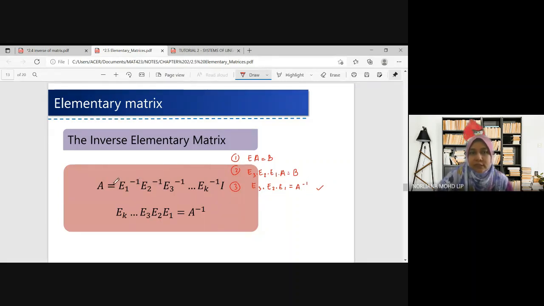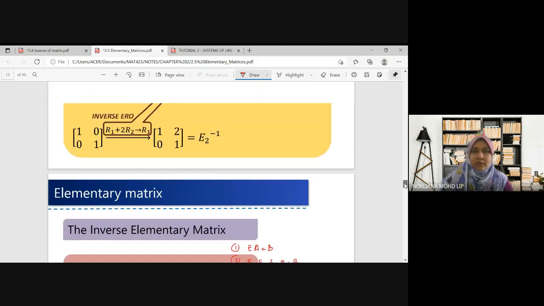Ataupun boleh sama dengan yang keempat tadi: E1 inverse times E2 inverse times E3 inverse times identity matrix is equal to A. Ni kalau melibatkan inverse of elementary matrix.